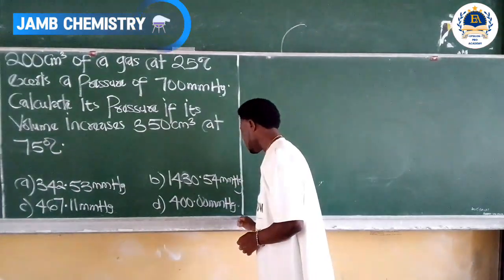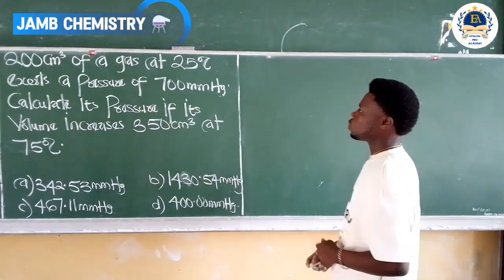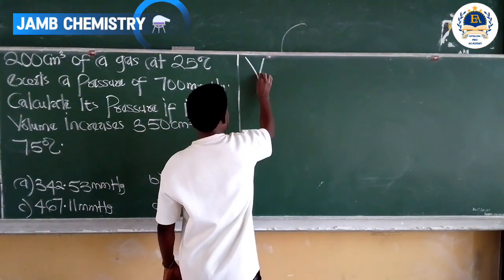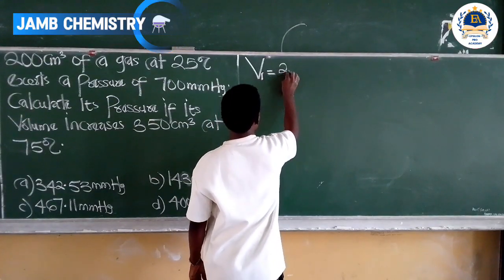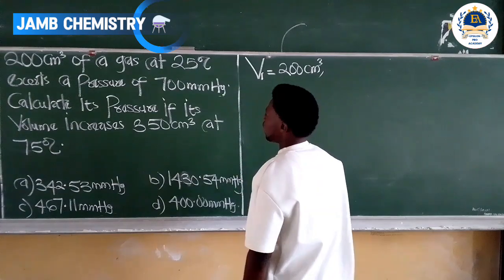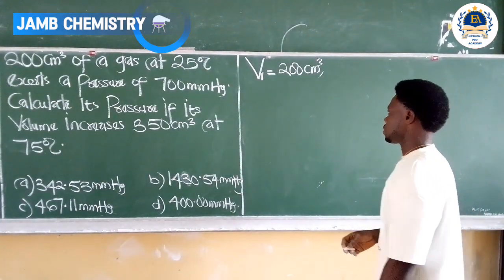But before then, let us write the general parameters given on the board. We have 200 cm3, which is V1. The initial volume is given as 200 cm3 of a gas at 25 degrees Celsius.